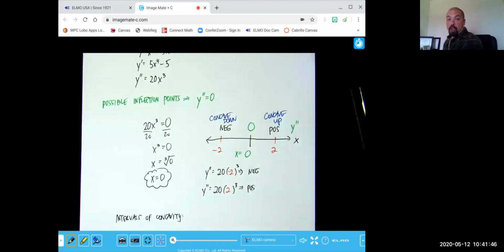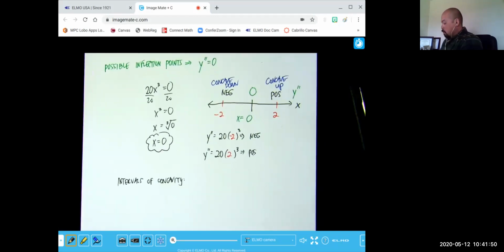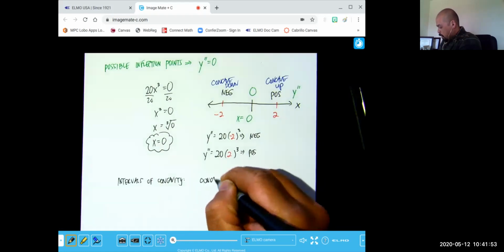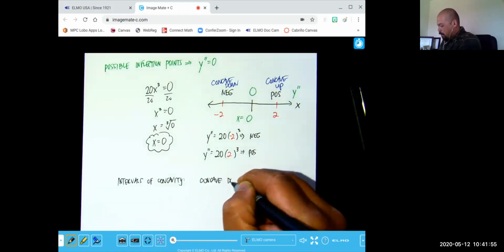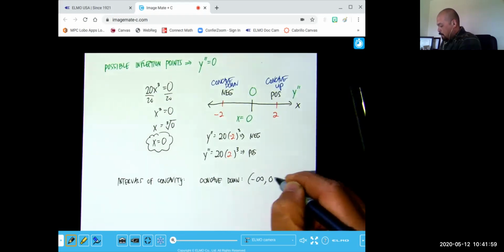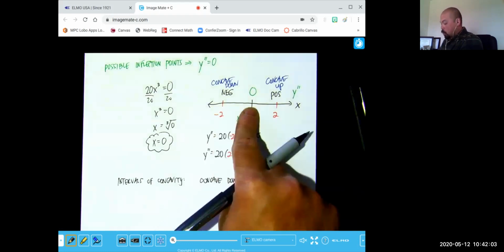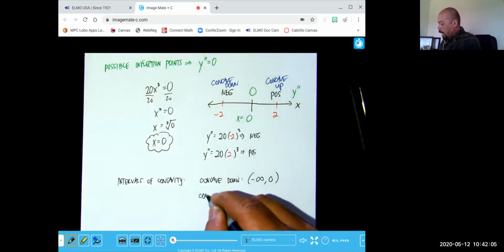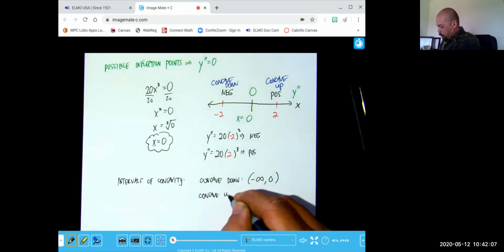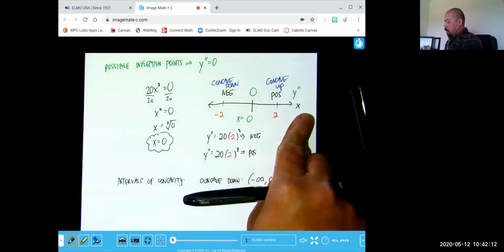We're using that second derivative. We're going to be concave, and again, no preference here, I'm just working left to right. Concave down from negative infinity to 0, right? That's where we get that 0. That's where that concavity switches. And we're going to be concave up from 0 to infinity, positive along that side.